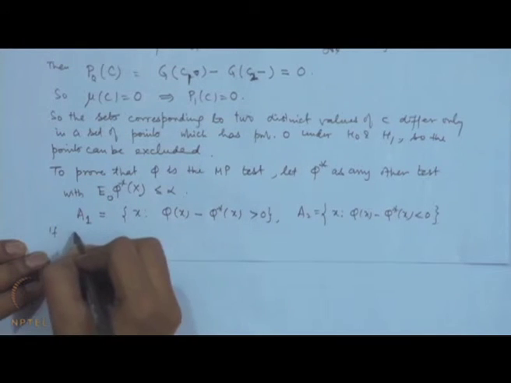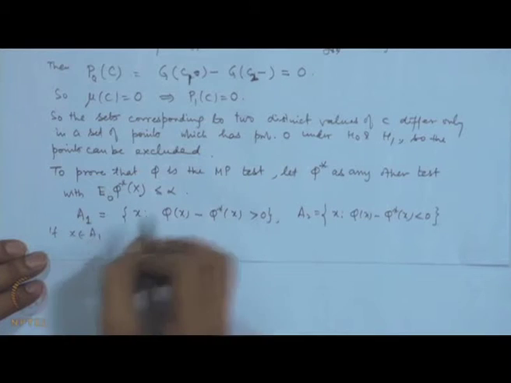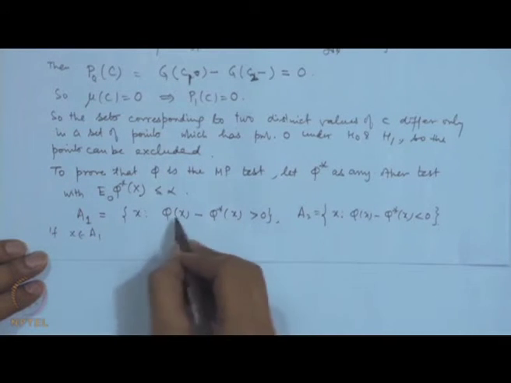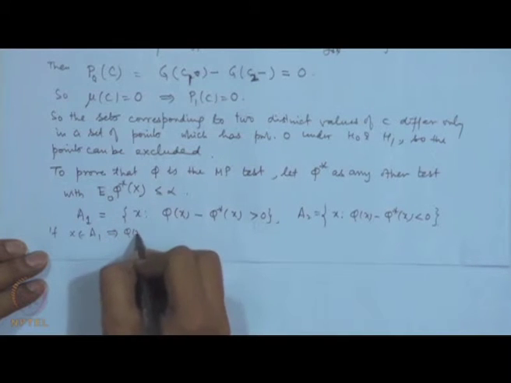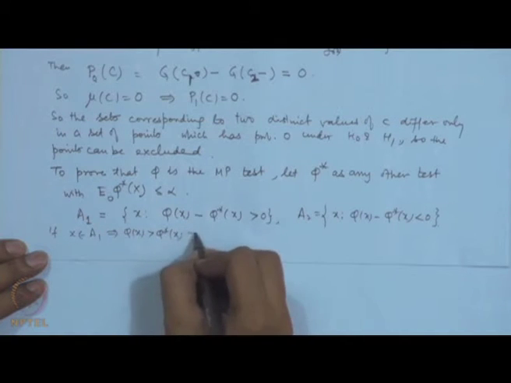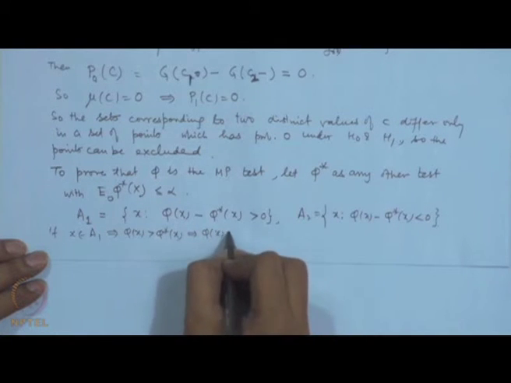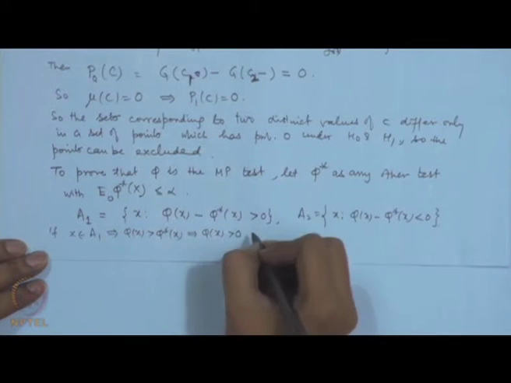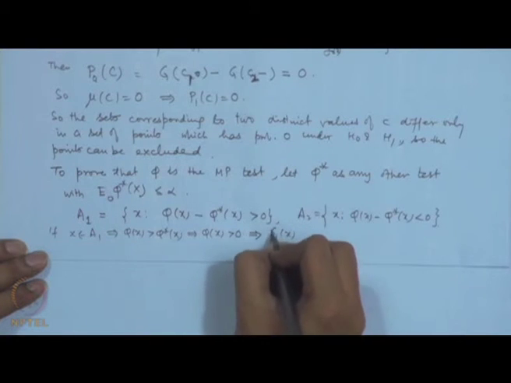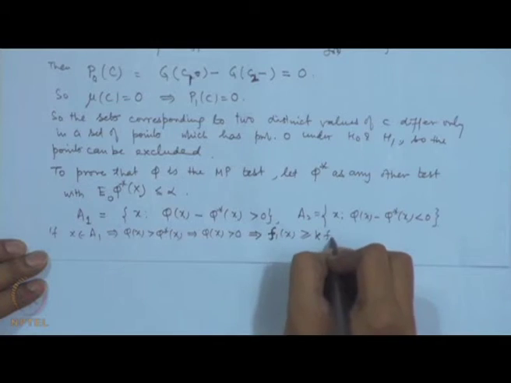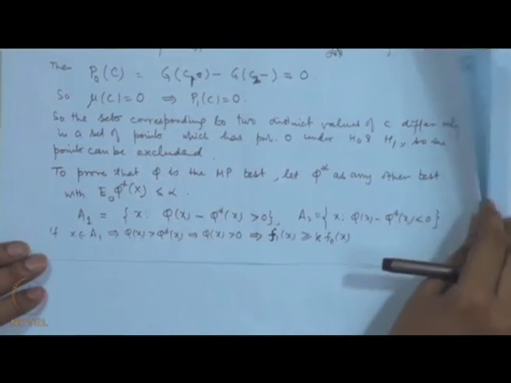If x belongs to A1, then phi x is greater than phi star. This also means phi is strictly positive. If phi is strictly positive, this implies that f1 x is greater than or equal to k times f naught x. Now, why is this true?